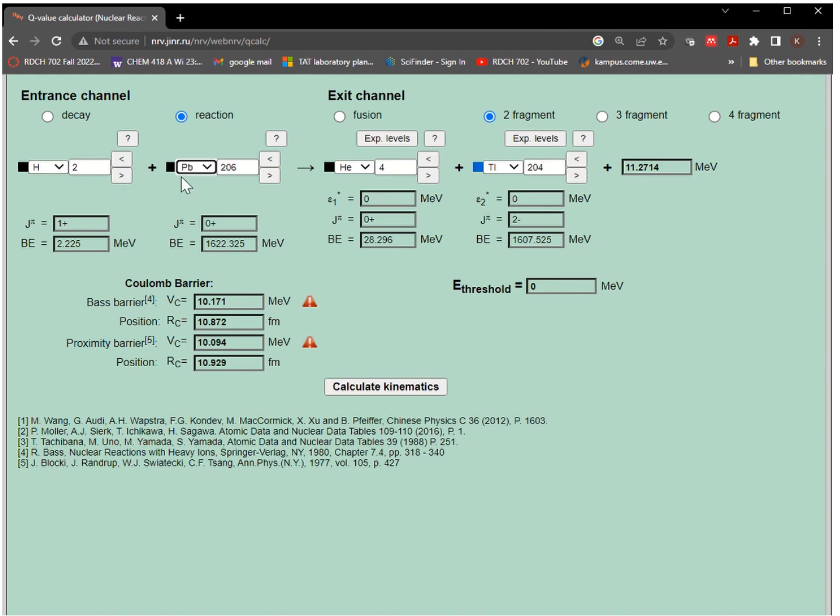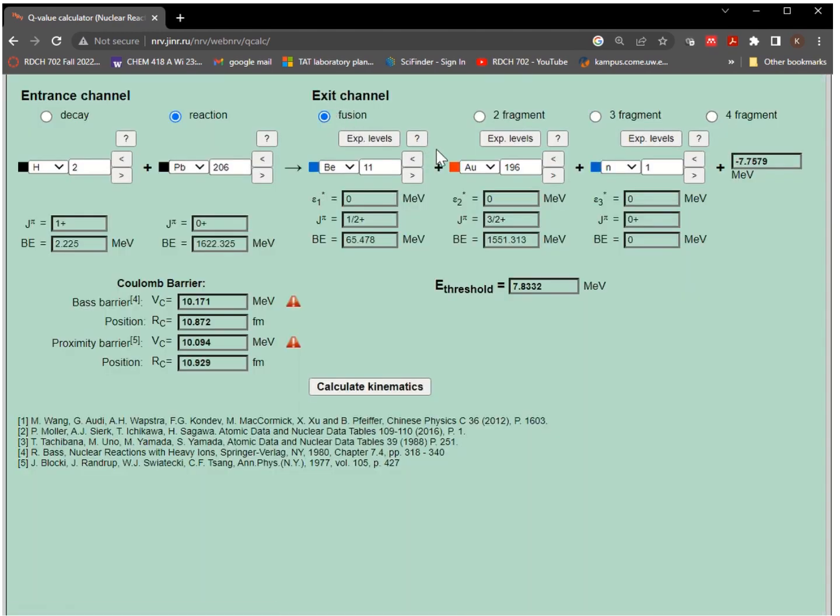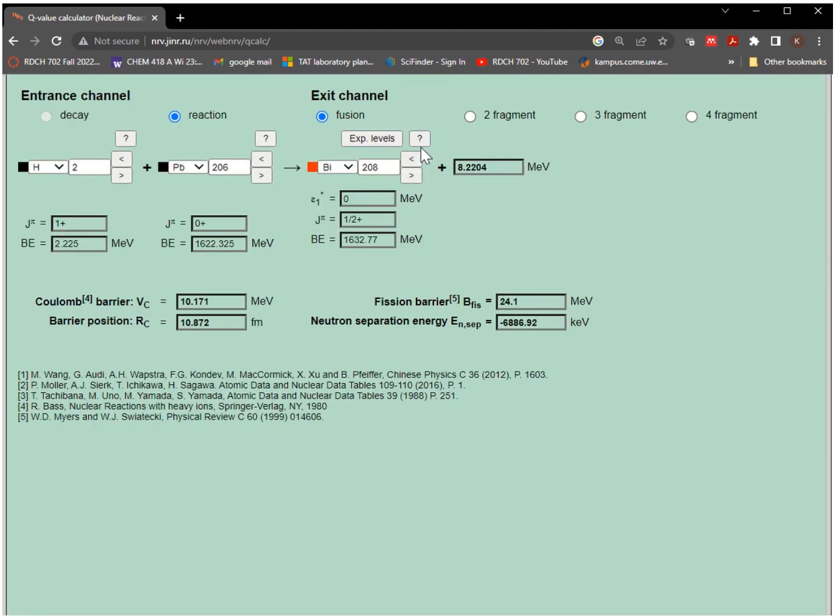Lead-206 plus deuterium. Let's make gold and beryllium-11, and here's the Q value. On this site we could do 3 fragments or 4 fragments. We can also do a fusion reaction. So both these sites can be used during the course. The means of doing the calculations were previously discussed, but for any time a question is related to Q values, please feel free to use this material, either of these sites, during the course.